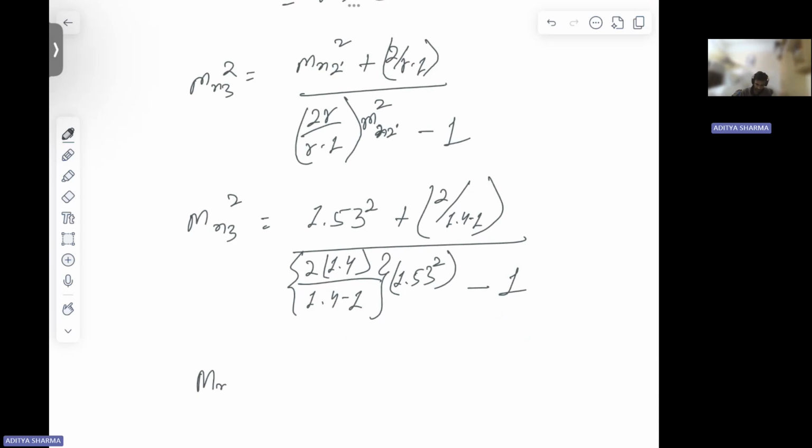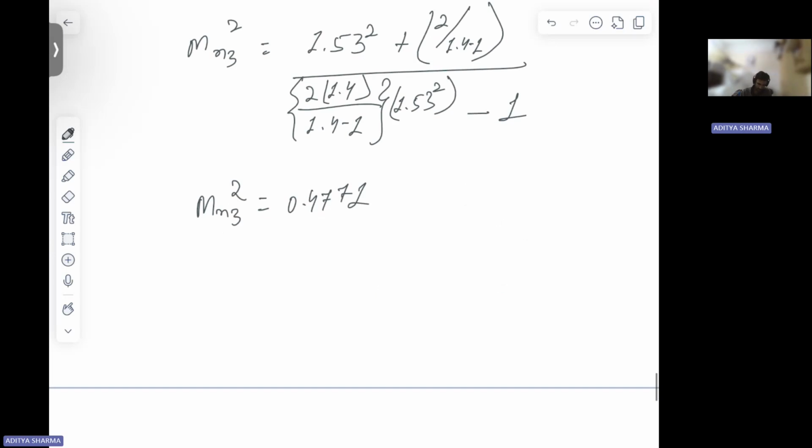Now if you calculate this, it will come out to be 0.4771. So if there is some calculation mistake, please let me know. So Mn3 becomes 0.6907.